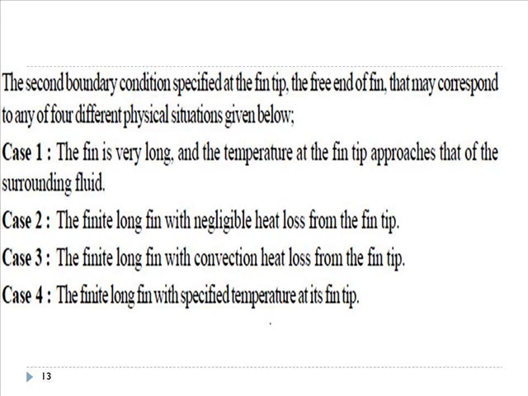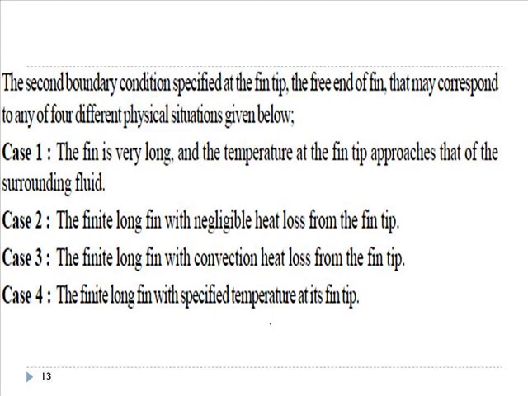Second case is a long fin with negligible heat loss from the fin tip. The third case is a finite long fin with convection heat loss from the fin tip. And the last case is a finite long fin with specified temperature at its fin tip.